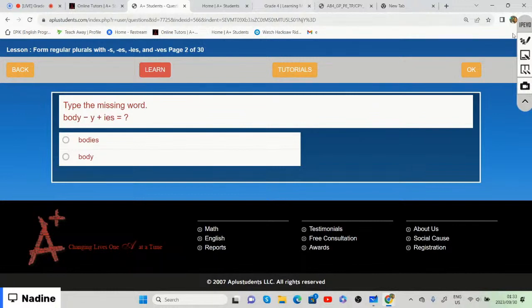All right. If we add the ies to the word body, remember we said that we drop the y and we just add the ies, and then it will be bodies, which is the first option.